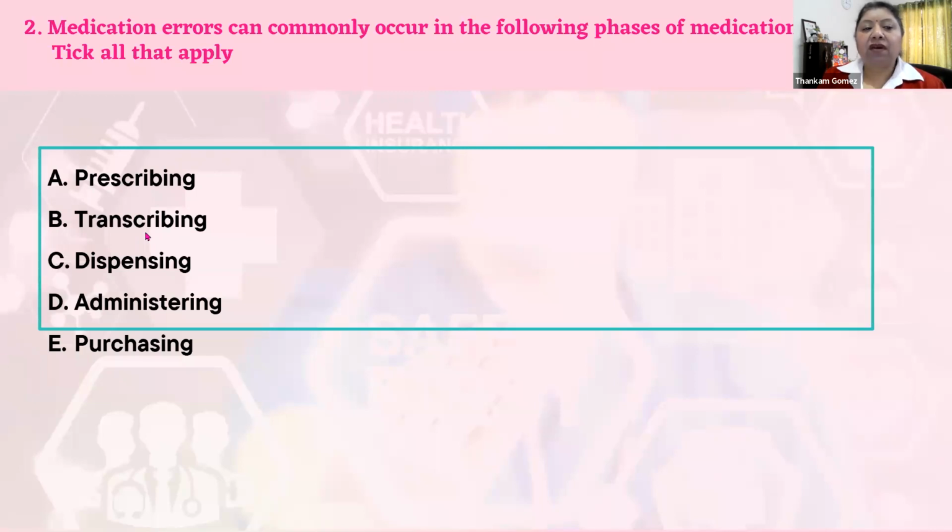Now I'll give one small tip around transcribing. Please watch out that the current practice is that the doctor should be writing directly into the medication record. It is not that the doctor writes in one place and the nurse then transcribes it to another place.